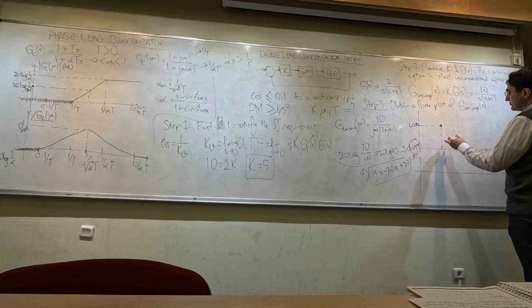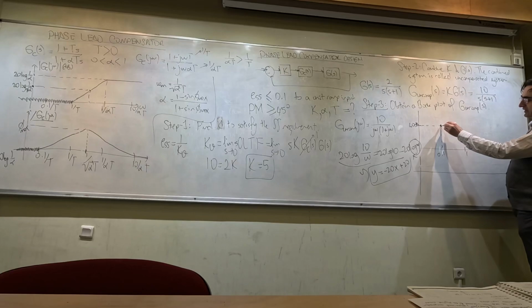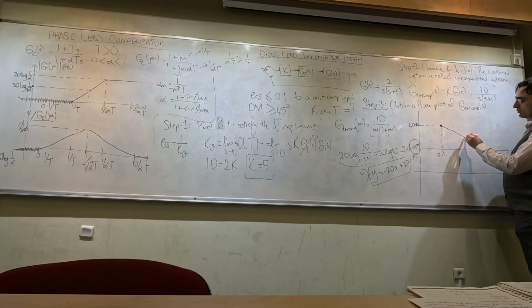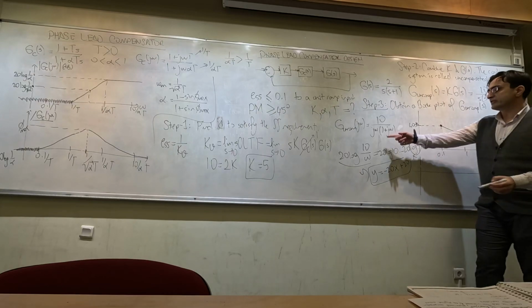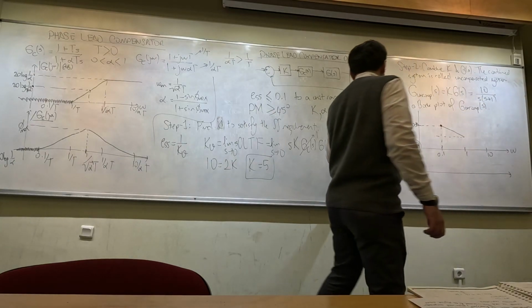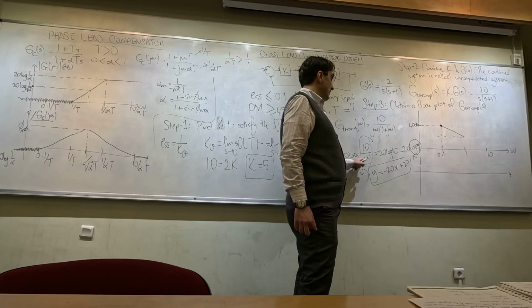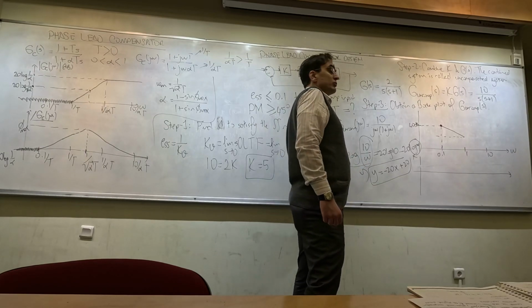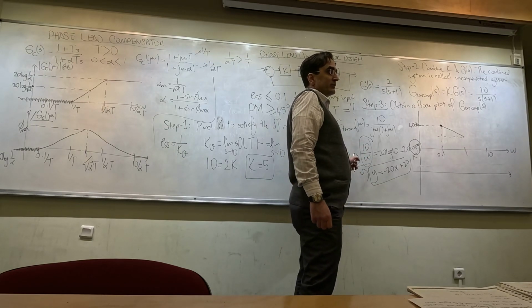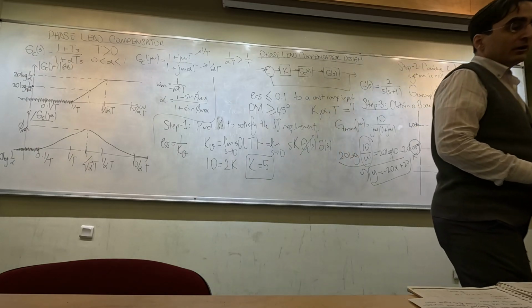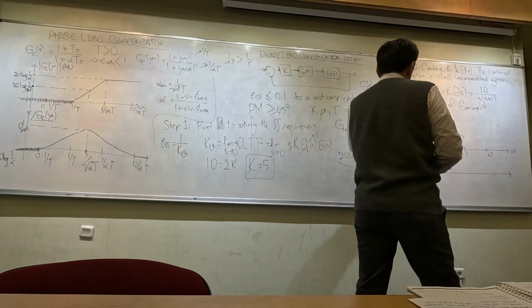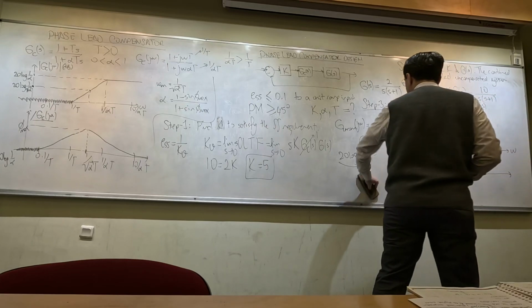That means when the frequency increases 10 times, the magnitude decreases by 20 dB. You would see it here. That is going to be the asymptotic approximation of the Bode plot.